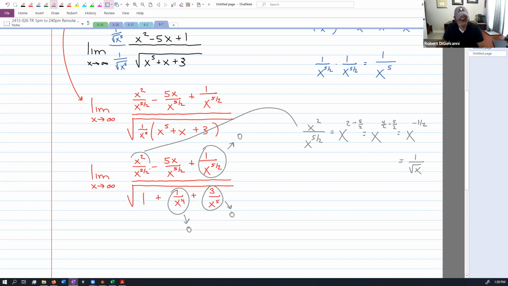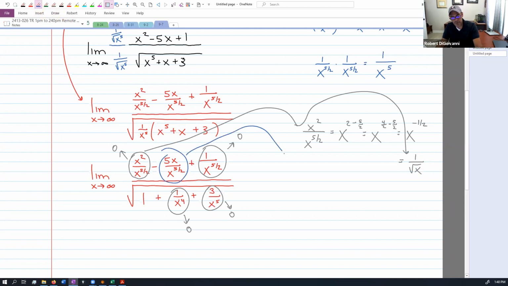So this piece right here, is it going to go to 0 or not? It would have to go to 0 because square root of infinity is still going to be infinity. So this right here is still a fixed number over something going to infinity, right? That's what that is. So that is still going to go to 0. And then we could do the other one a similar way.